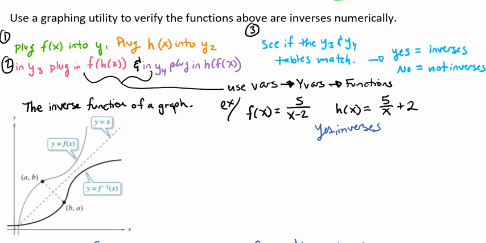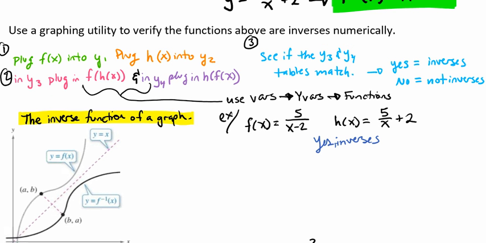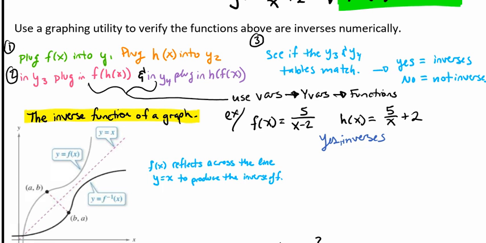So let's talk a little bit about inverse functions of graphs. Notice that our graph looks a little symmetrical. You take the f of x and it reflects across the line y equals x, which is our little red dashed line, to produce the inverse of f.